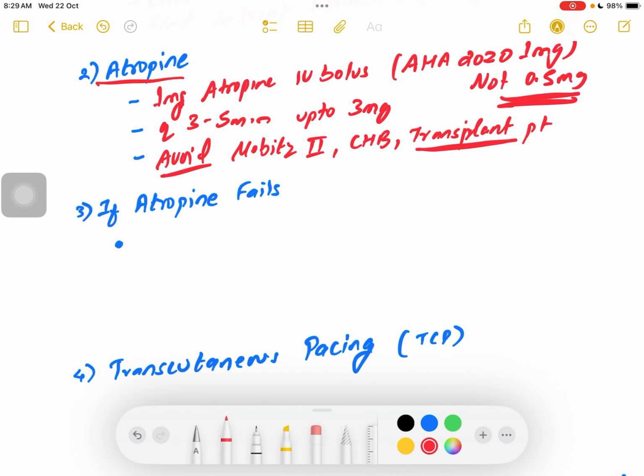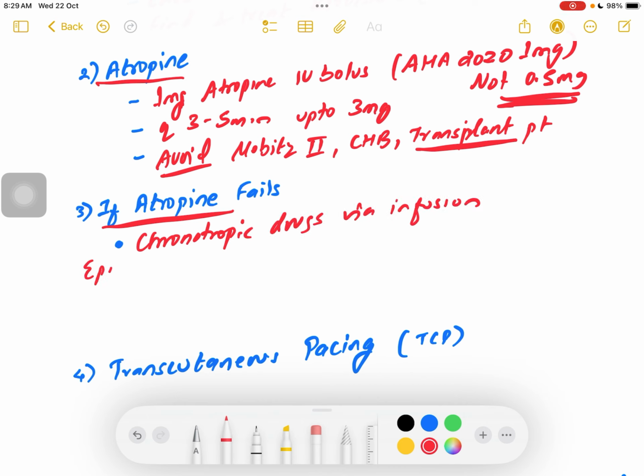After this, we will talk about the ACLS 2024 management criteria, how to manage a patient with bradycardia according to ACLS. This is followed for symptomatic bradycardia patients. First, what to do immediately? We give oxygen if saturation is less than 93%.